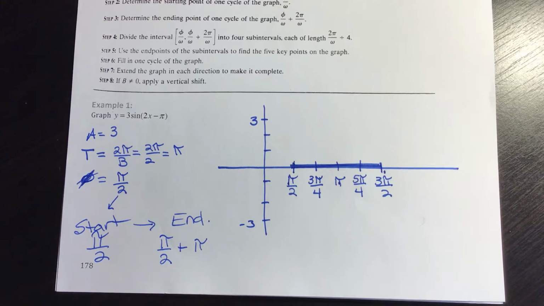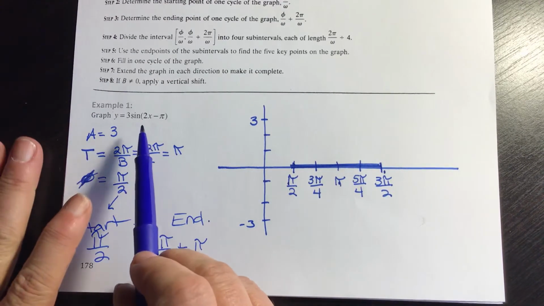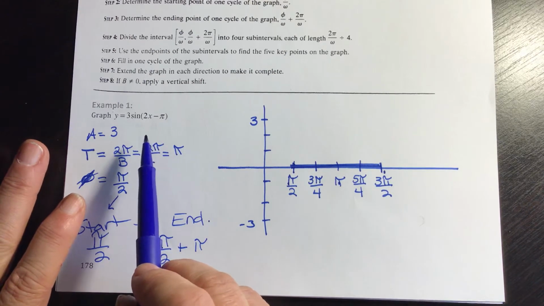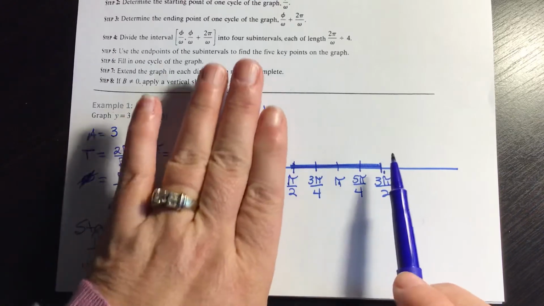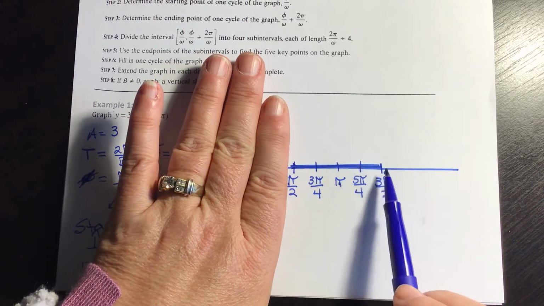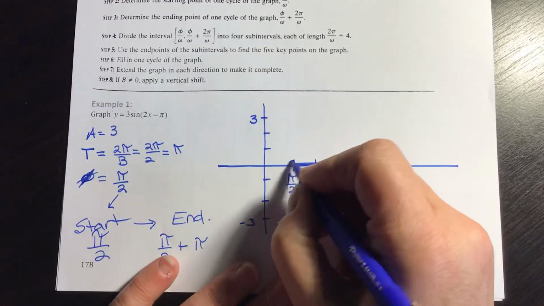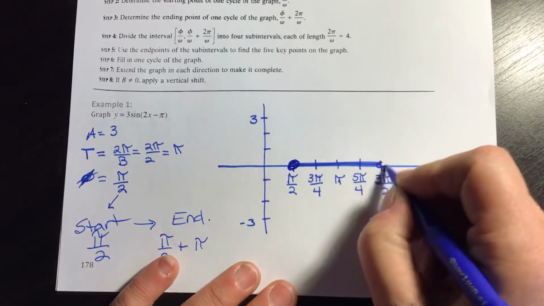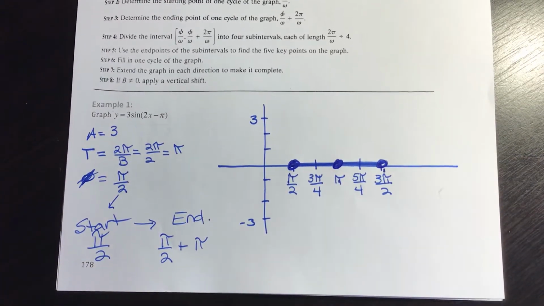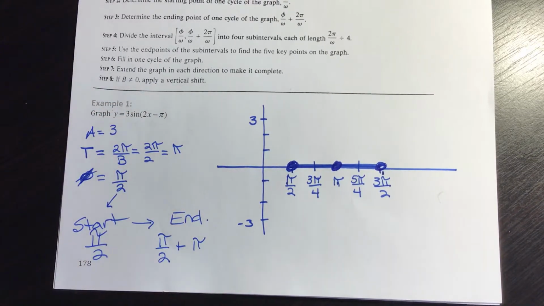So now we are going to start. If I have the sine graph, remember these are my 5 points, and I'm going to start and end with the same point. And for sine, I'm starting at 0, I'm ending at 0, and then I have pi as another x-intercept.